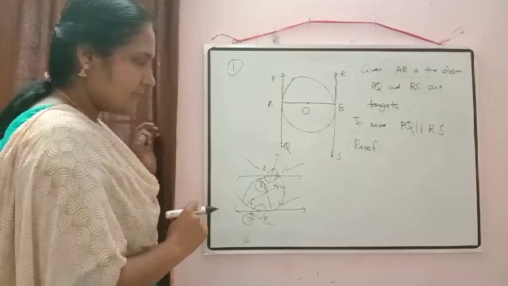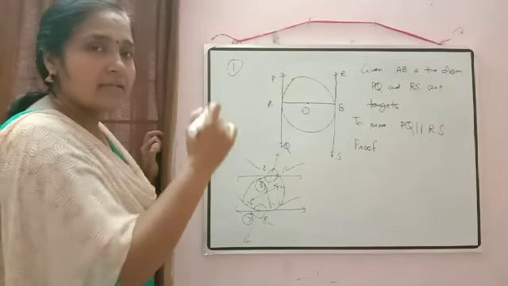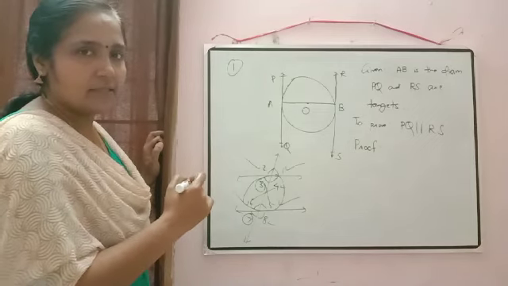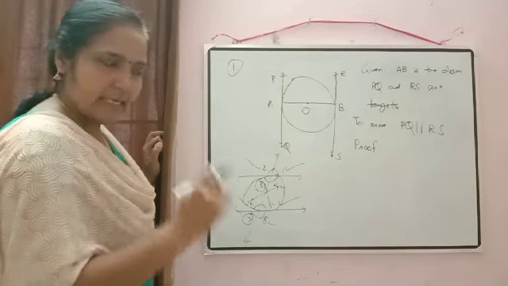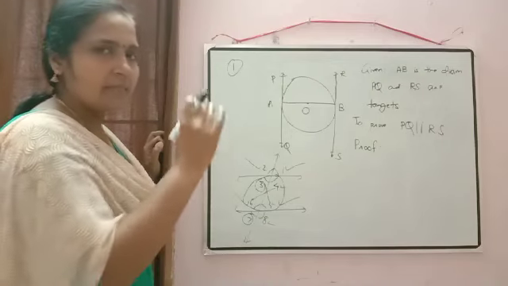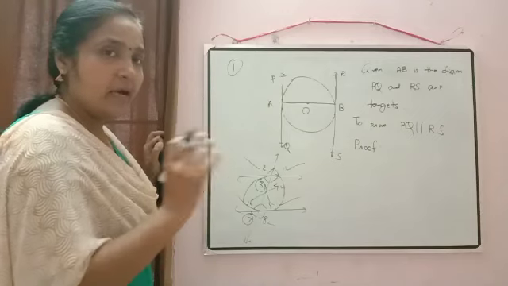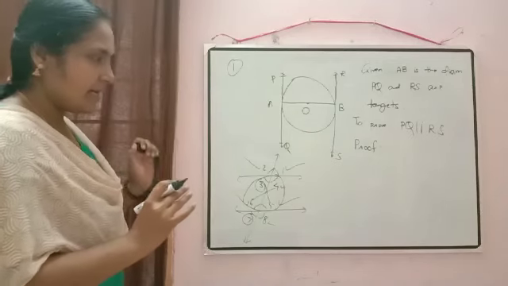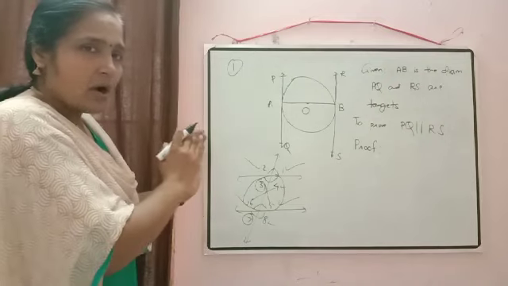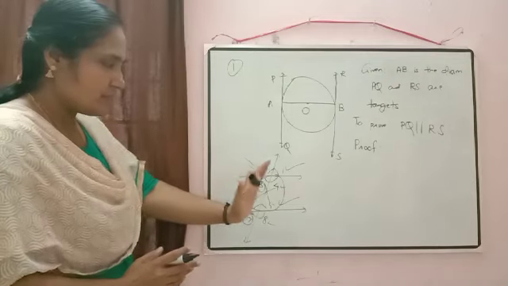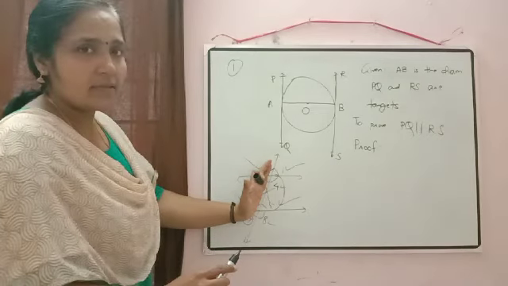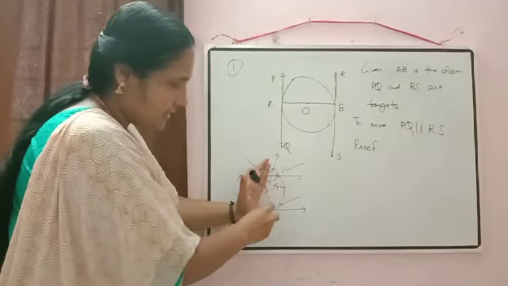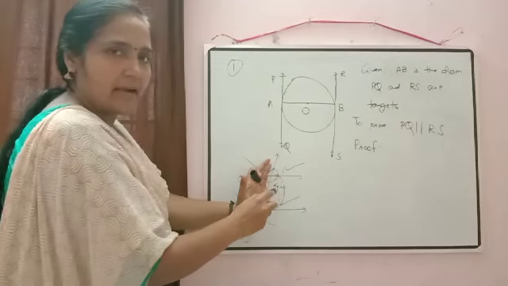Then one more: interior angles on the same side of transversal should be supplementary. Supplementary means the sum of the interior angles on the same side of the transversal should be 180 degrees. Those are angle 4 and angle 5.